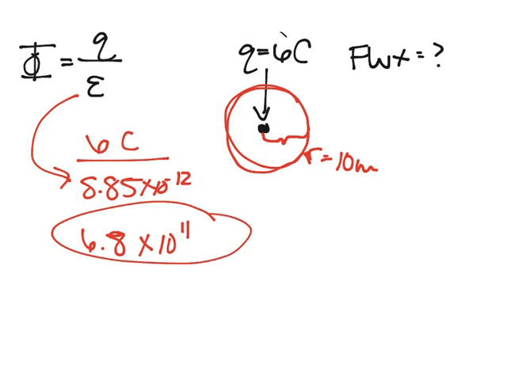So when you're doing these, don't worry about the radius, because the radius really doesn't matter. The total flux will solely be determined by the enclosed charge and the permittivity constant.